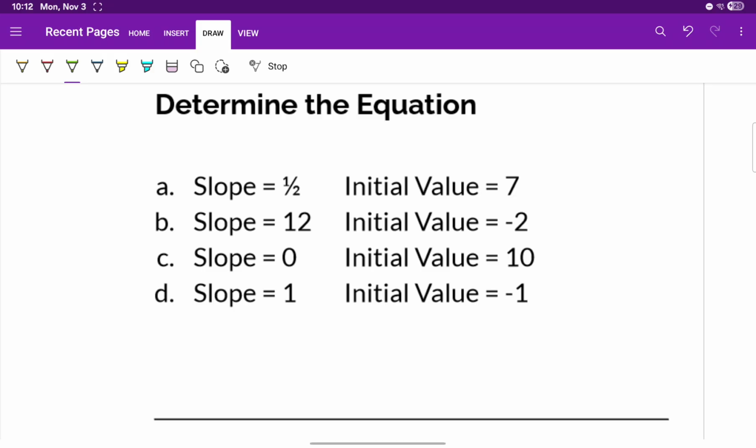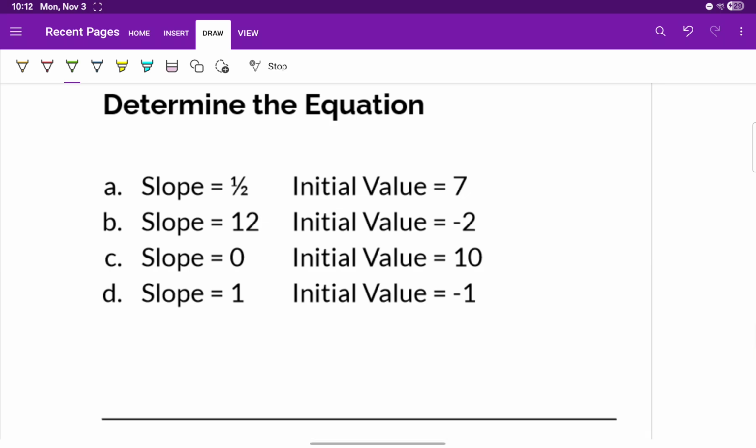Now, what if I give you the pieces and ask you to come up with the equation? Well, we can do that. We're going to write here, and I'm going to put this at the top, y equals your slope times x plus your IV.